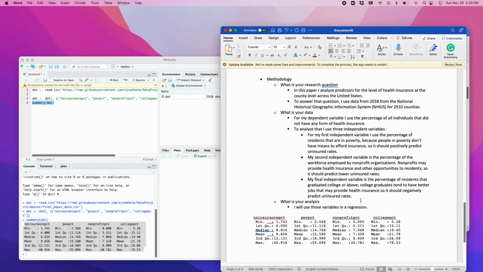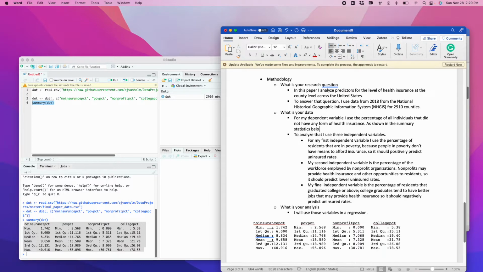And so when I put summary statistics in my paper, I want to reference them. I don't just want to sort of leave them without talking about them. And so I'll go back and I'll say, as shown in the summary statistics below, 9.6 of people do not have health insurance in the data. Right, I want to reference either the mean or maybe the max, or sort of what is interesting about these summaries.